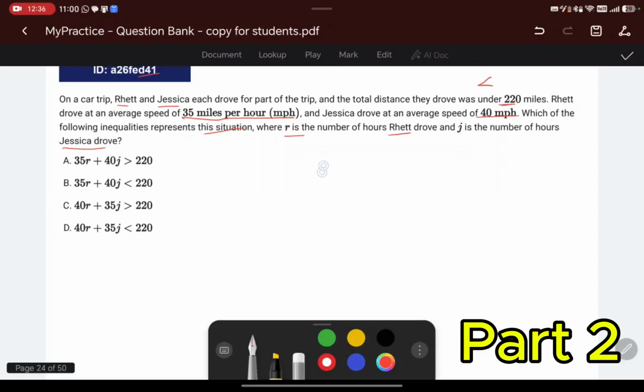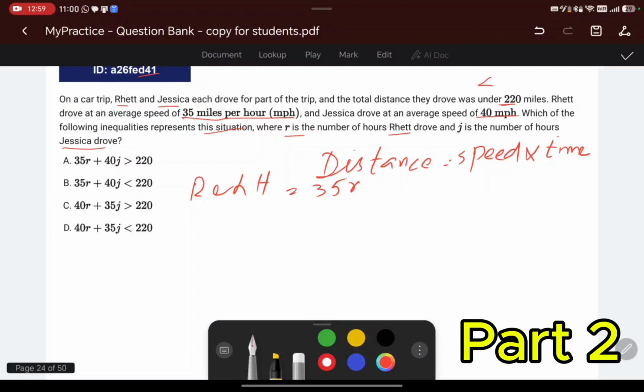First, distance equals speed times time. Okay. Now if we say Rahat, it is 35R. And if we say Jessica, Jessica drove 40J. Now, all together it will be 35R plus 40J.